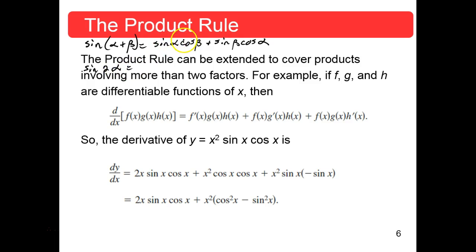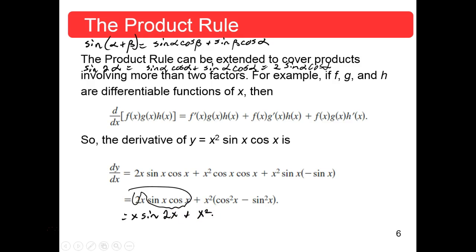That would be sine alpha cosine alpha plus sine alpha cosine alpha, which is 2 times sine alpha cosine alpha. And if alpha was x, then this right here would be x times sine of 2x plus x squared. Okay, we need to do the same thing for cosine. Let's do it.